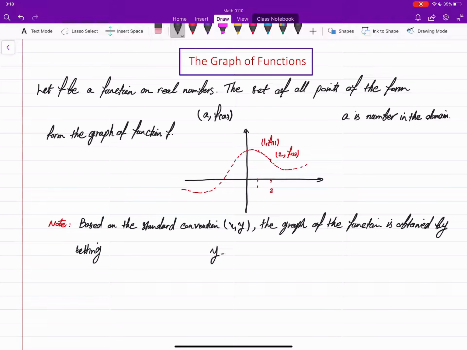In other words, y equal to f of x. And this is why sometimes you see that we don't have any function written explicitly. People would say just y equal to some expression in x, sketch that graph, and that's coming from this fact.